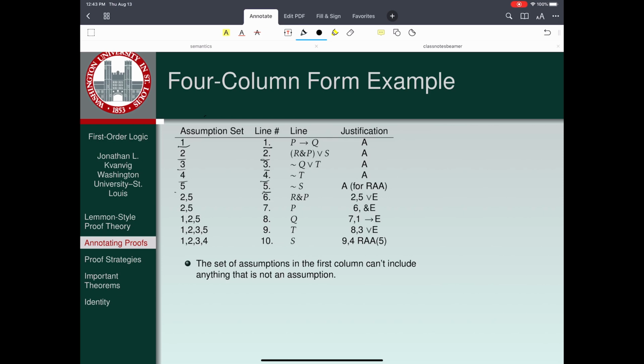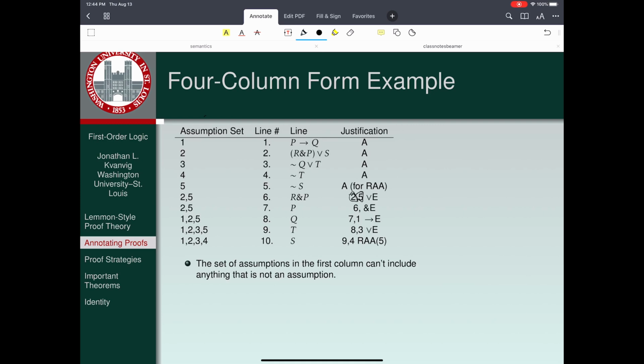Notice then that after that point, every time we use a rule, we conjoin all of the assumptions for the lines that were used for the assumption set of the new line. So notice at line 6, we use lines 2 and 5 by wedge elimination. What that means is the assumption set for line 6 is going to include all of the assumptions for lines 2 and 5.